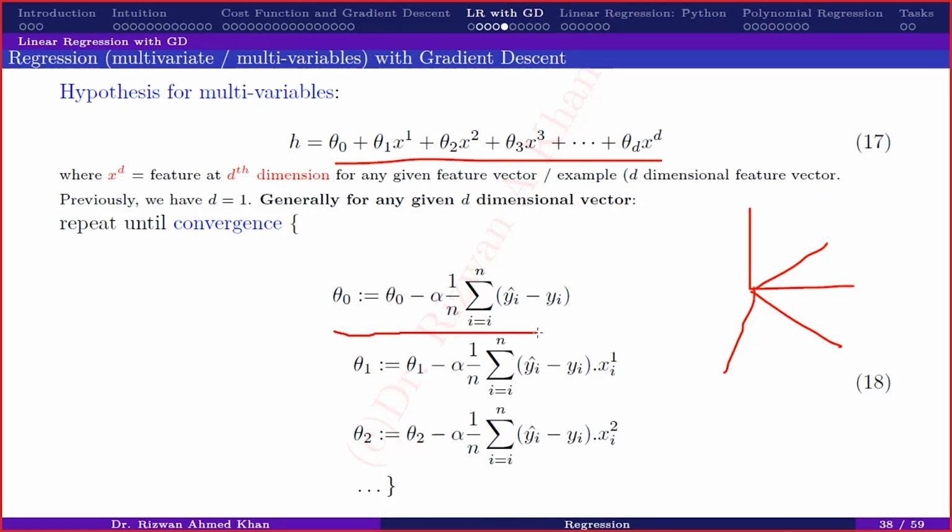Remember, we updated C using this thing, and here this is assignment. It means assign this value into this variable. So this is the assignment operator, and there is an error: this i should be from 1 to n. Remember, when you differentiate with respect to theta naught or c, we get back this one.